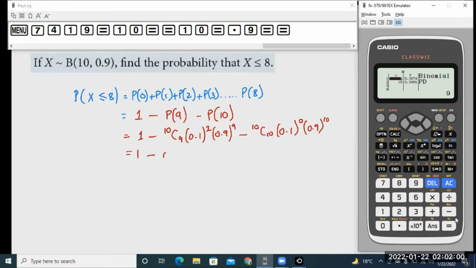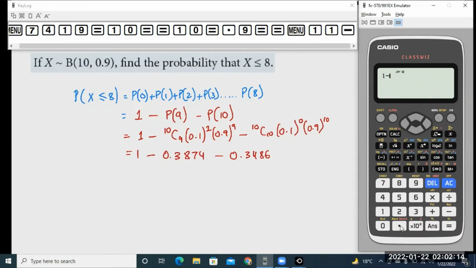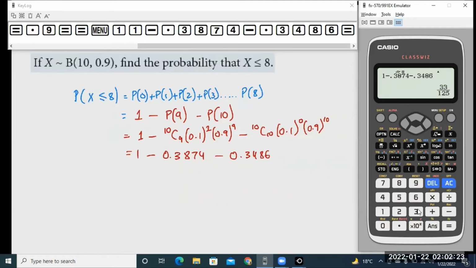I can just put them like that. Okay, and change my mode and get my final answer. My final answer, 0.264.